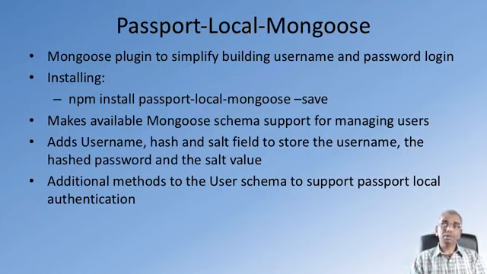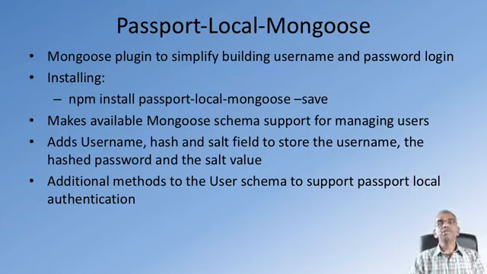So the hashed password is itself stored in our MongoDB database. The actual password is not stored. When the user tries to authenticate using the username and password, the password will be hashed again and then compared with the hashed password stored in our database. And this is all provided by the Mongoose plugin, Passport Local Mongoose.